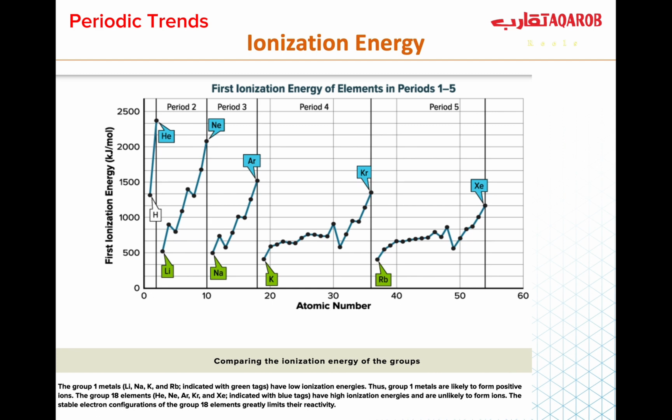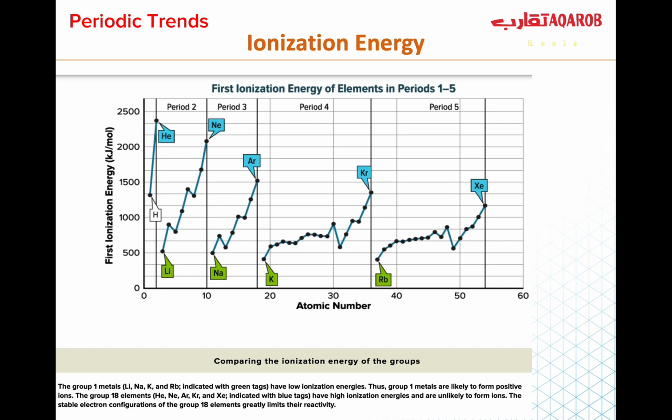Okay, and they are unlikely to form ions, as we know that group 18 elements are stable, so they don't form ions. The stable electron configuration of the group 18 elements greatly limits their reactivity. That's why group 18 has a very high first ionization energy, because they are unreactive.